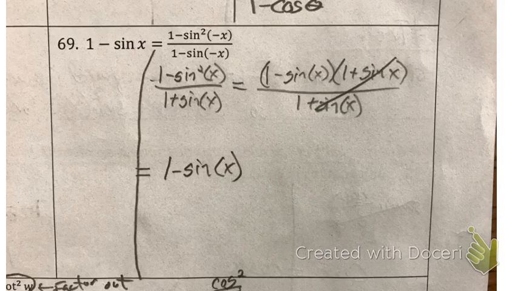Our 1 plus sine will cancel out with our 1 plus sine here, and I'm just left with 1 minus sine x. Okay. Yeah. Because this is a chain of multiplications. In a chain of multiplications, you can cancel out the denominator if it matches the entirety of the chain. All right. Thanks. Yeah. Mary? Yeah. Other questions?